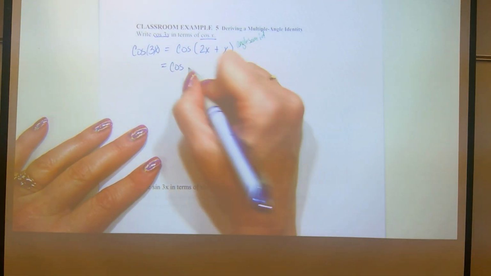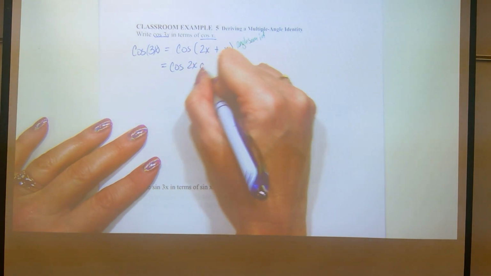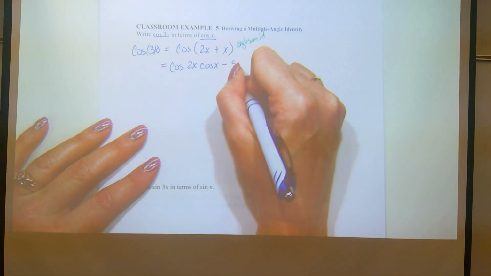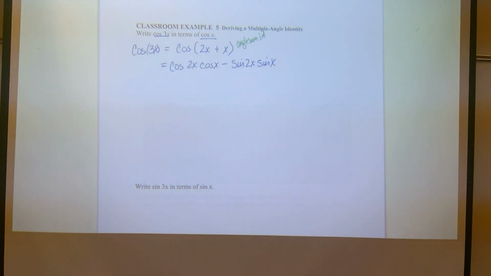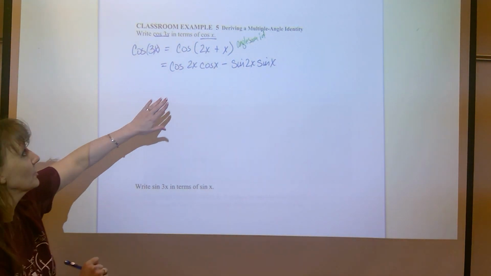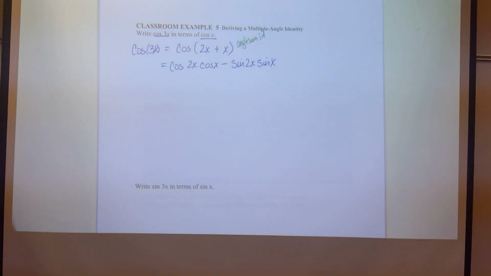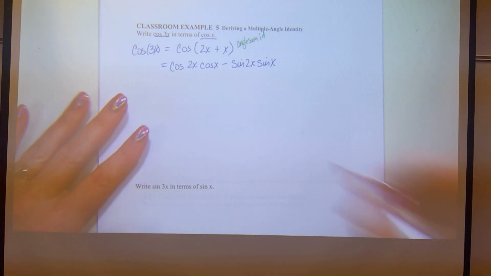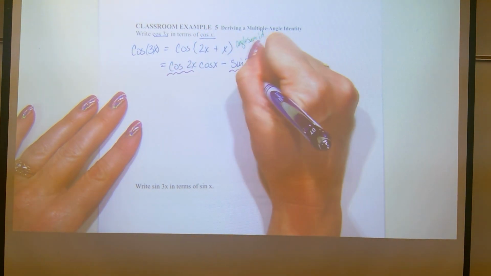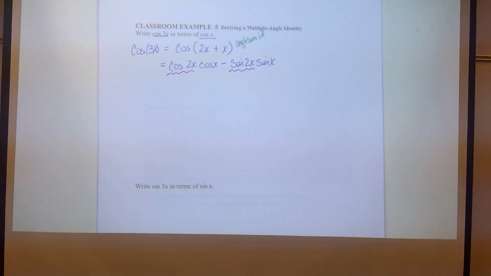Cosine sum identity says cosine of the first times cosine of the second minus sine of the first, sine of the second. Now I want everything in terms, when I'm done, of cosine x. That means for sure we need to get rid of those double angle issues. So we are going to have to clear out those double angle statements.